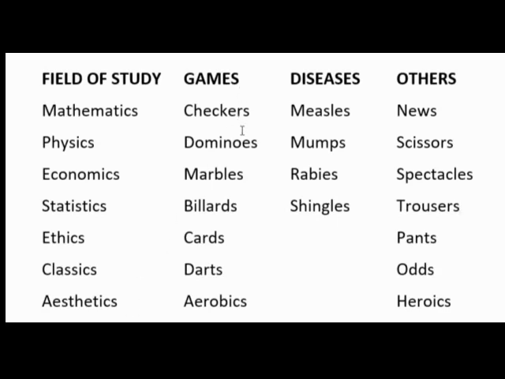Under games, we have checkers, dominoes, marbles, billiards, cards, darts, aerobics. Under diseases, we have measles, mumps, rabies, and shingles. Then, in other words that have no classification, we have news, scissors, spectacles, trousers, pants, odds, heroics.